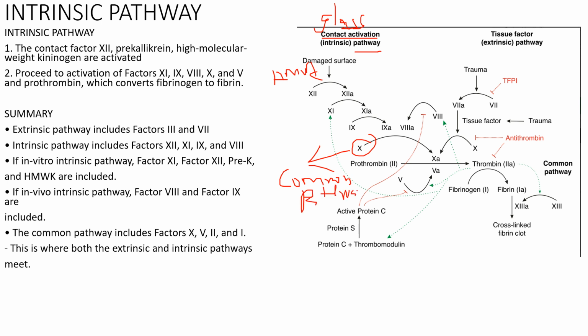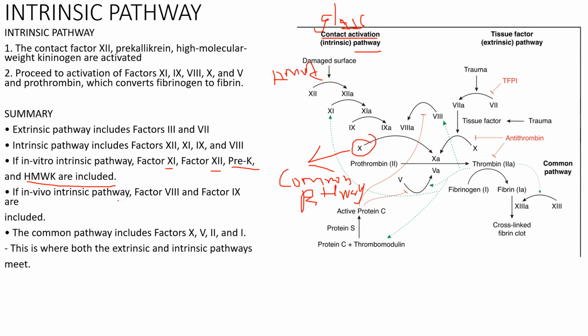It's known as a common pathway because this is where the two pathways would join together. It starts with the activation of factor 10. In summary, the extrinsic pathway includes factors 3 and 7. The intrinsic pathway includes factors 12, 11, 9, and 8. In vitro, the intrinsic pathway would include factor 11, 12, prekallikrein, and HMWK.